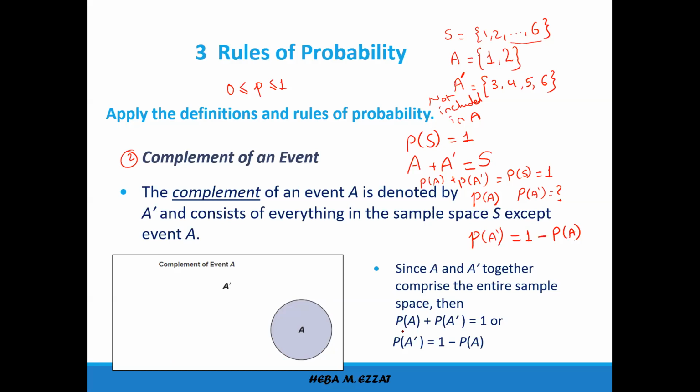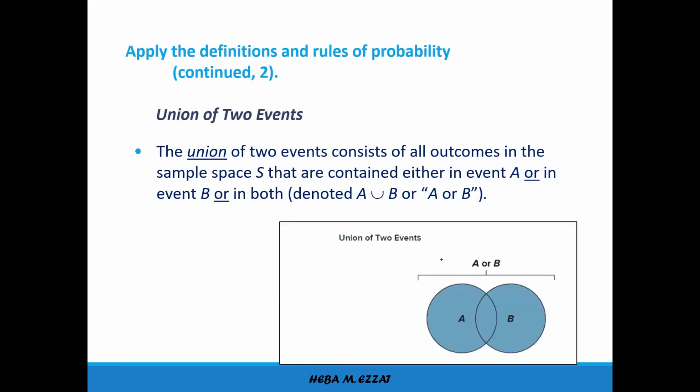So if I add the probability of getting A plus the probability of getting A prime, it gives me 1, because it's the probability of getting the whole sample space. If I have one of them, I can calculate the other by simply subtracting it from 1. Okay? So this is considered the second rule.